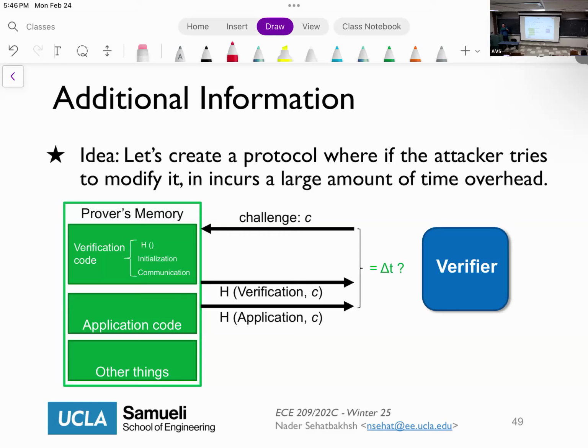And we're going to time this hash computation. The idea is that if the verification code is compromised, it needs to do some other stuff during the verification computation, which will result in a longer time for the computation itself. And the key thing is that we are computing the hash over its own code.